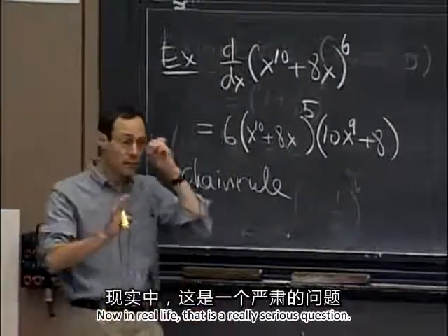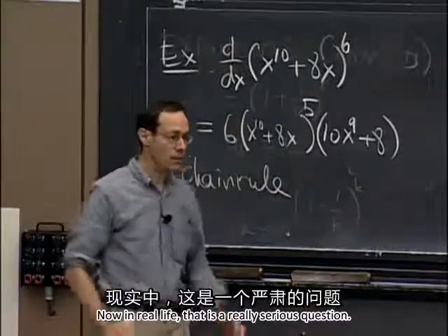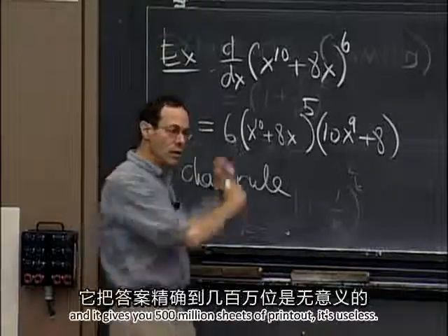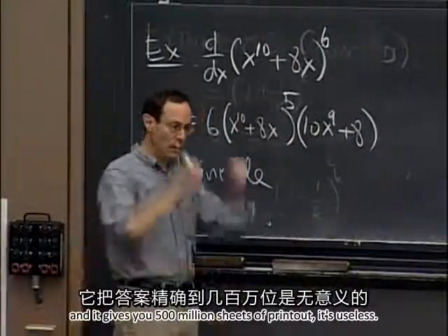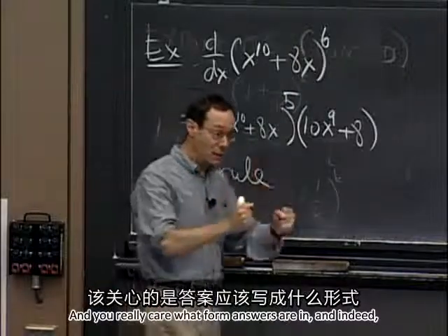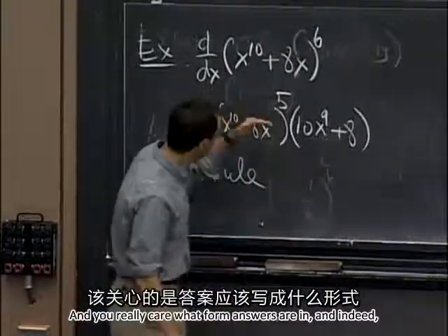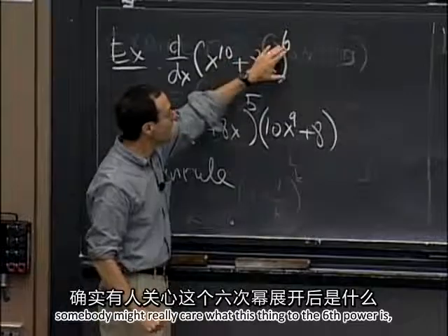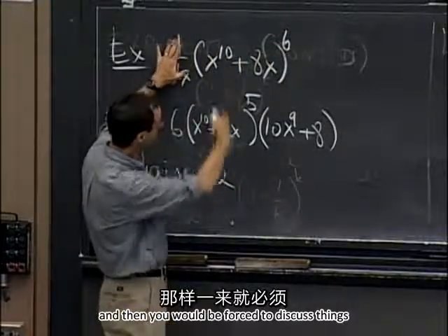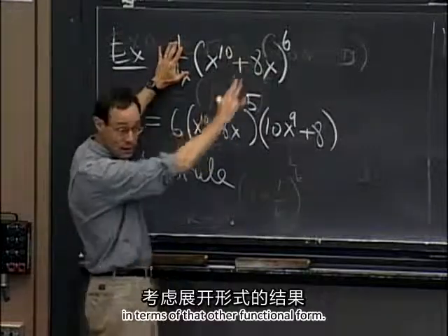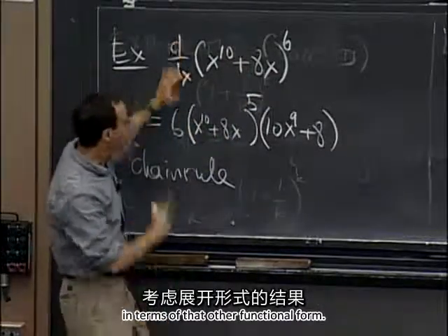Now, in real life, that is a really serious question. When you ask a computer a question and it gives you 500 million sheets of printout, it's useless. And you really care what form answers are in. Indeed, somebody might really care what this thing to the 6th power is, and then you would be forced to discuss things in terms of that other functional form.